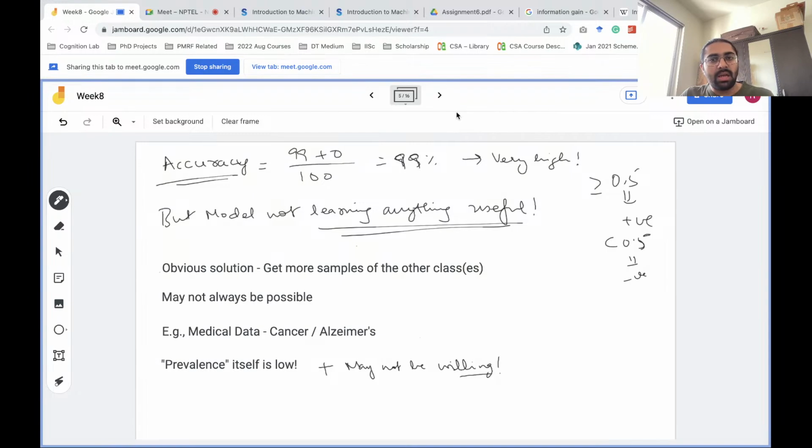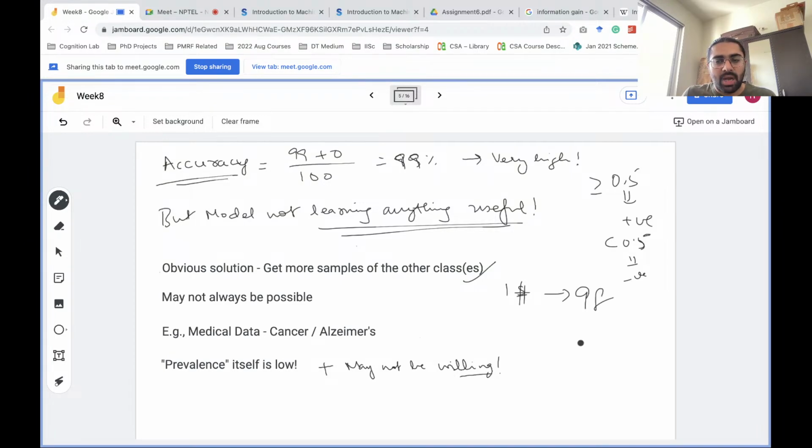useful from the data, and therefore if you go ahead and try to use this for any later usage, like trying to predict something, or in some other systems, it won't actually do anything better. So one obvious solution is to get more samples of the other class. Because I just have one sample of the negative class, what I will do is get 98 more.